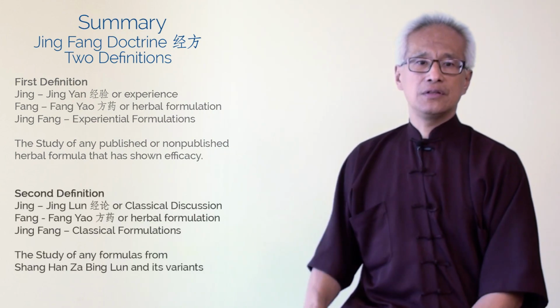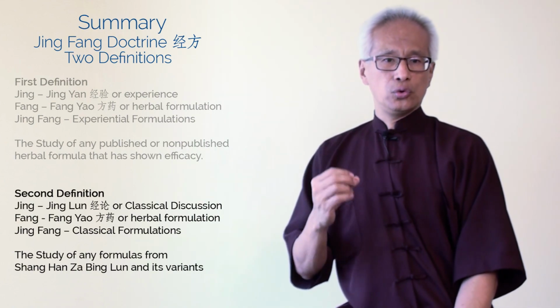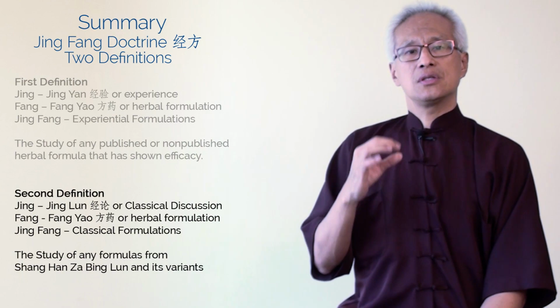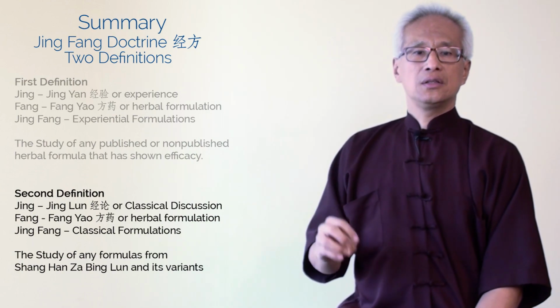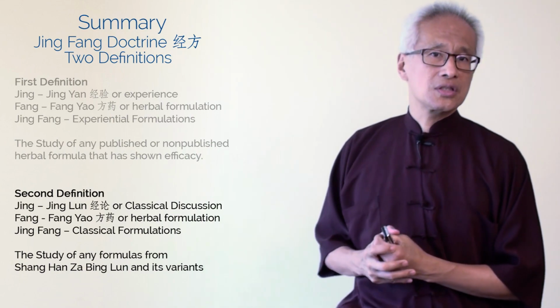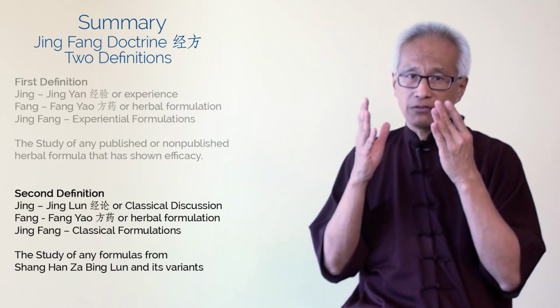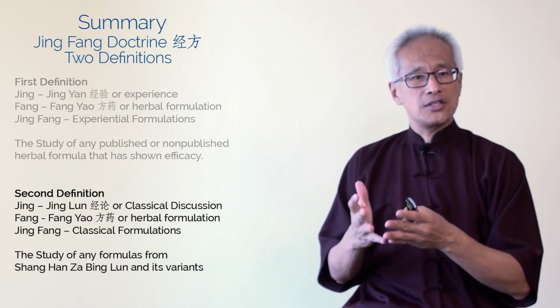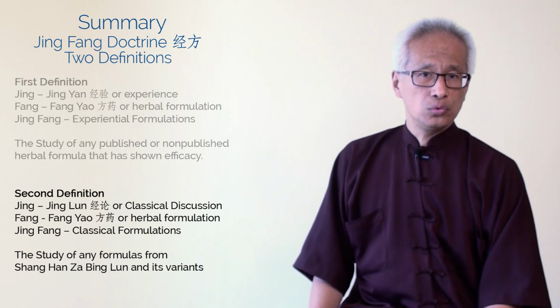The second definition is Jingfang again, sometimes called Jin Lun Fang. Jin Lun means classical discussion. So Jin Lun Fang basically means classical discussion formulas from these two books. The study of any formula from Shanghan Zabing Lun and its variants is considered to be Jin Lun Fang doctrine.